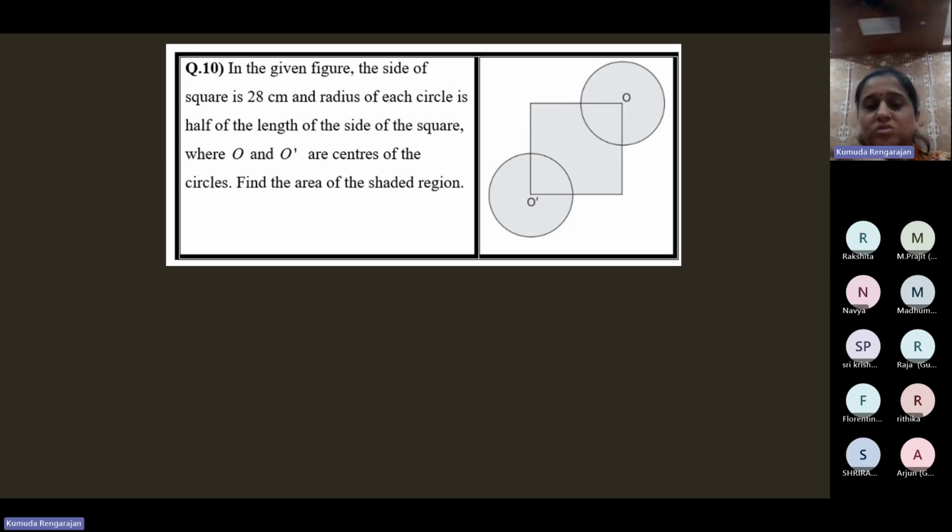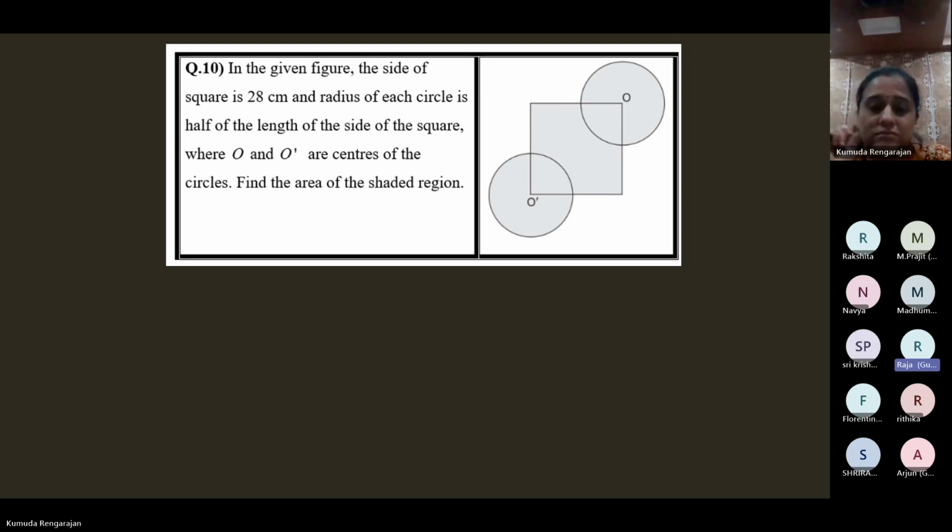Can it be done in a simpler way, without having to subtract anything, simply adding a few things? Can that give us the area of this shaded region? Without having to subtract anything. Simply this plus this plus this.